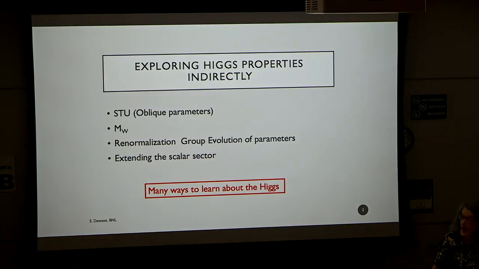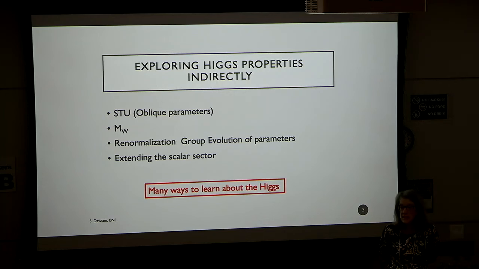Okay, so today I'm going to talk about exploring Higgs properties indirectly. So I'll talk about the oblique parameters, so-called S, T and U. I'll give an example of how the Higgs contributes to the W mass and how precision measurements of the W mass actually contribute to our knowledge of the Higgs sector. And then I'll talk about the renormalization group evolution of the parameters and what we can learn about the Higgs sector by looking at the RGE.